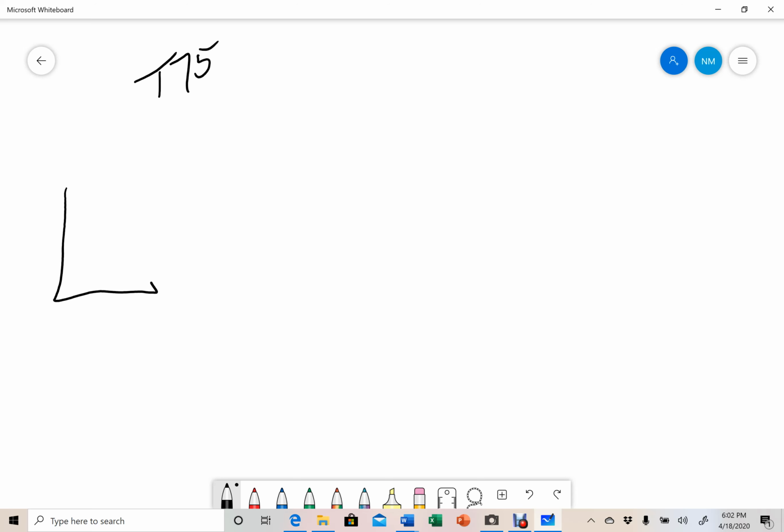I have a right triangle. I'm going to name this right triangle ABC. Now theorem 75 is stating that my hypotenuse squared, in this case AC, squared is equal to the sum of the two legs squared.